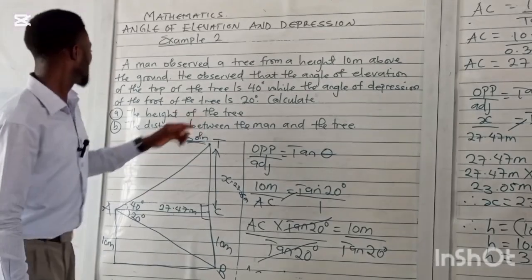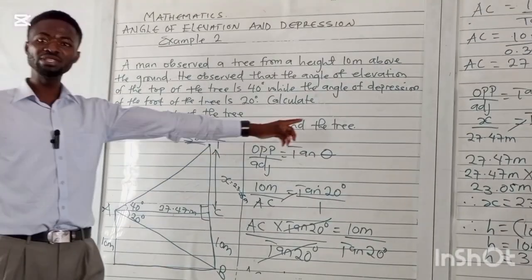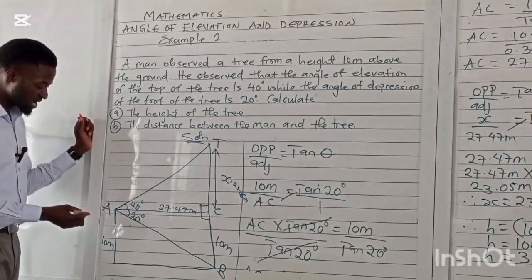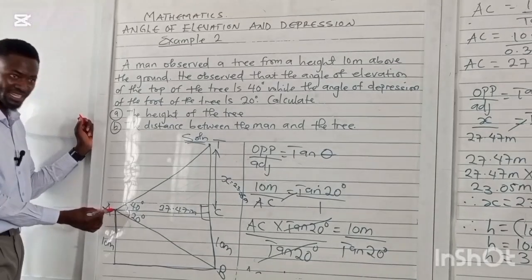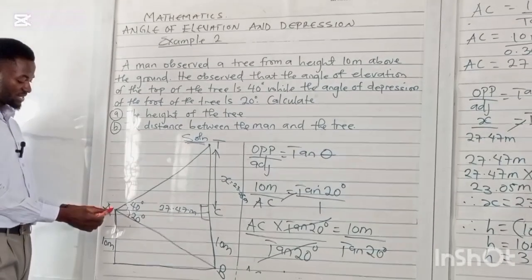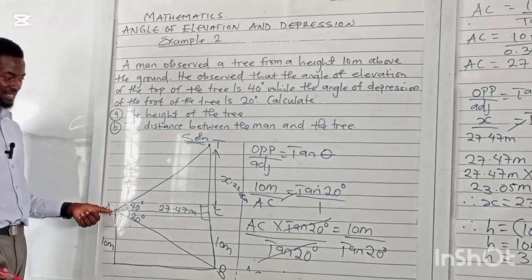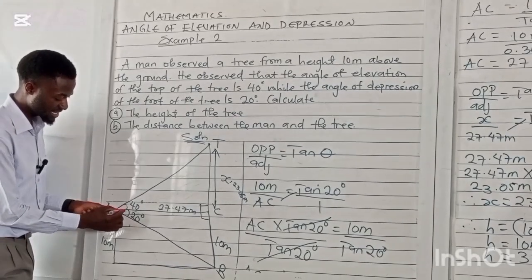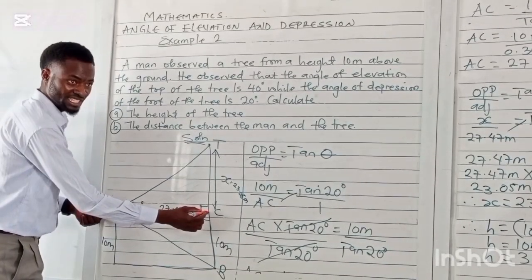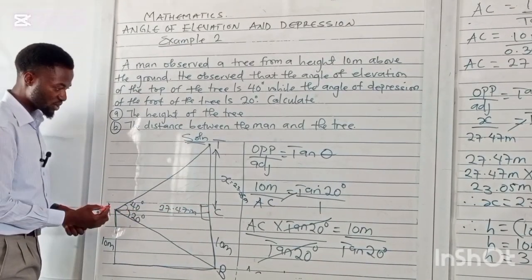So now the second question says the distance between the man and the tree. Now this is where the man is. From the beginning we said that this is where our observer stands, and this is the distance between this point to where the tree is, which is AC.